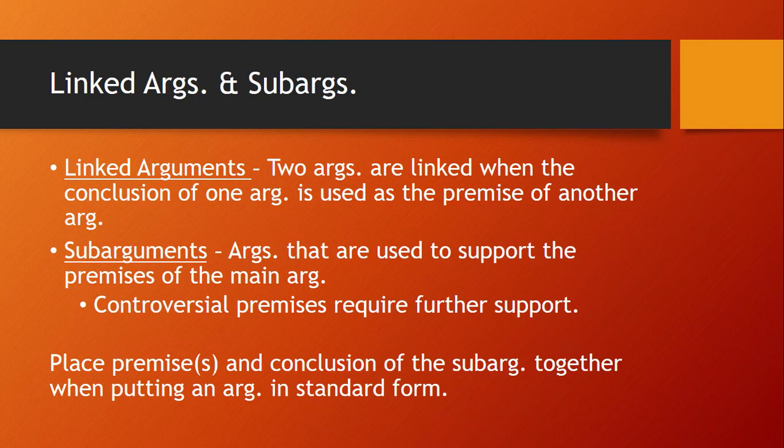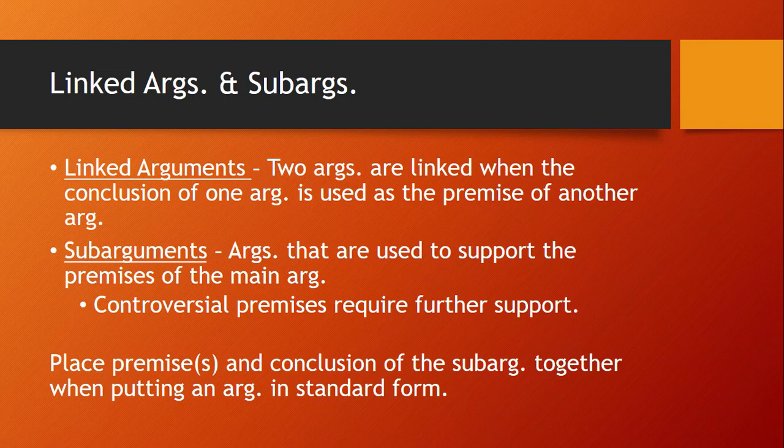And why it's important to know these concepts, and I'm about to state why they are very much linked together even further, is that controversial premises require further support. So you can have an argument, and there could be a premise or maybe even several premises that themselves are controversial and they require further evidence. And those premises in the main argument require premises themselves to support them. In other words, you need a linked argument.